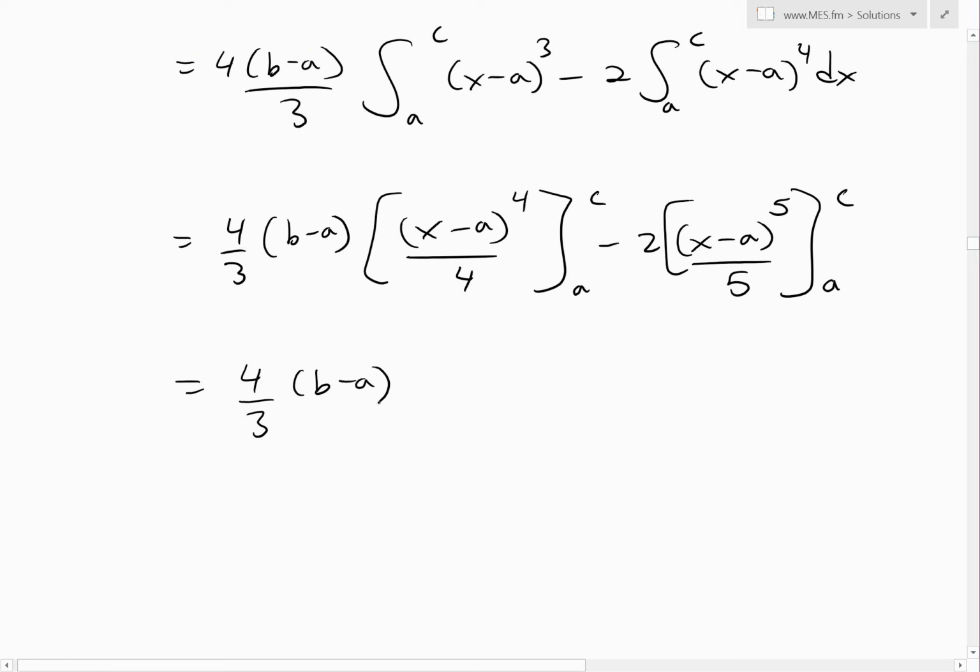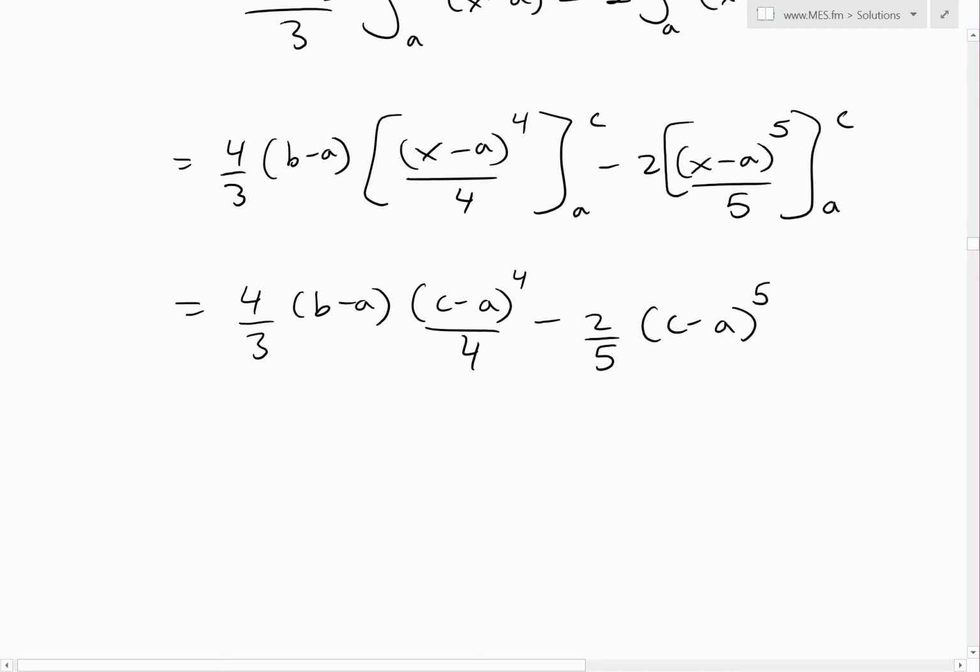So b minus a, plug the c in: c minus a to the 4th over 4. When we put in the a's, they just cancel, so we can ignore that. So 2 over 5, now we have c minus a to the power of 5.